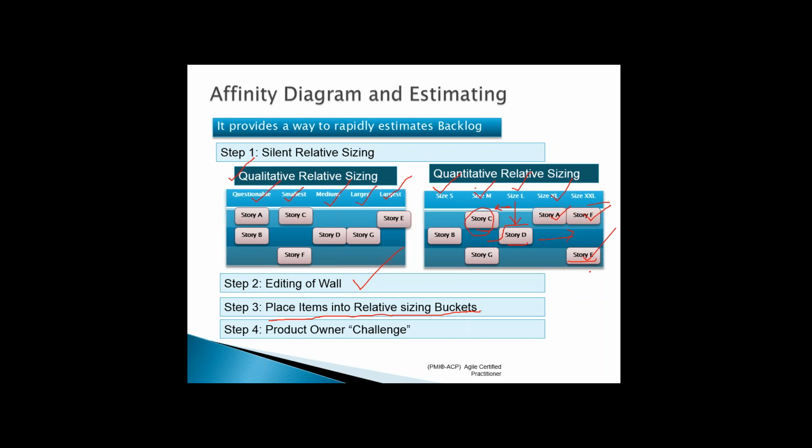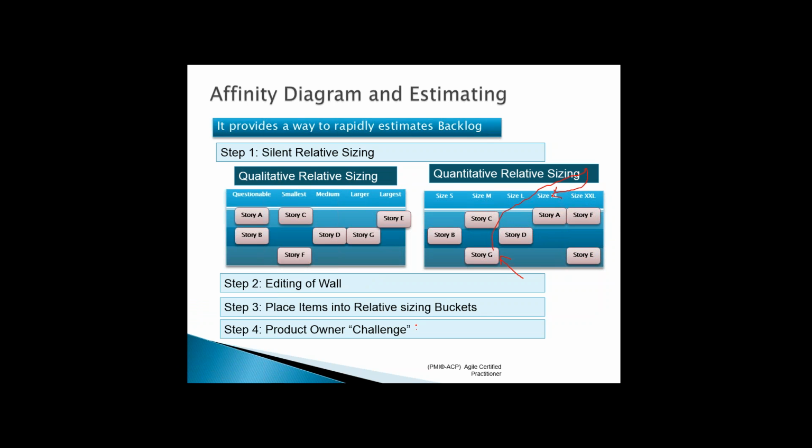Then you have the product owner challenge. Your product owner might challenge you, right? He might say, hey guys, whatever you have done is good, but I feel that story G is not medium. I strongly believe that it has to be extra large. Why do you think so?